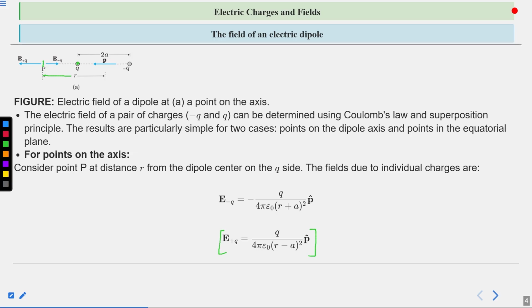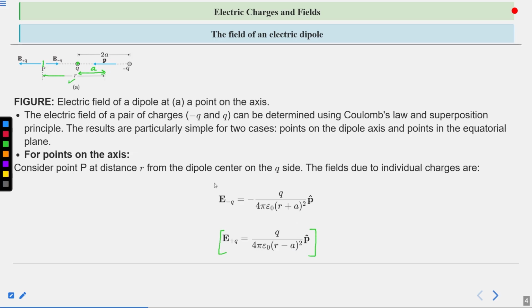From point P to the center is r, and this distance is a, so it will be r minus a whole square. I hope this is clear.